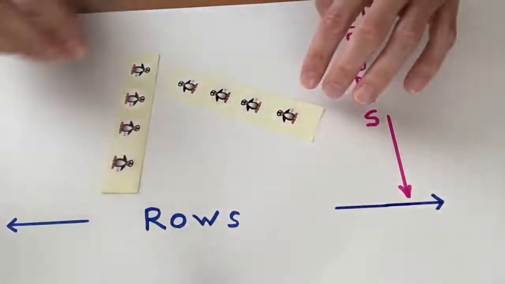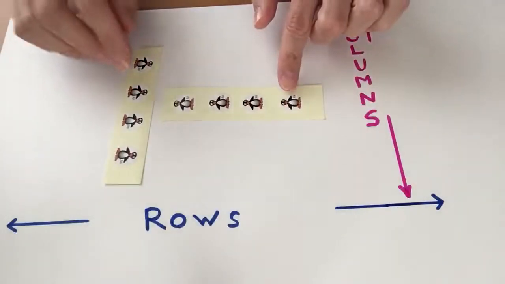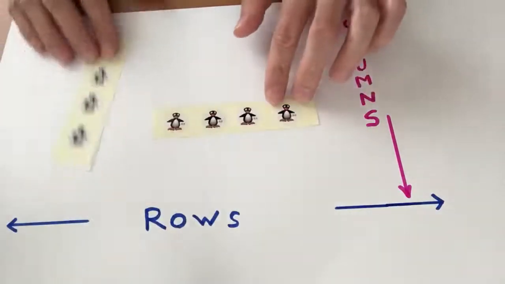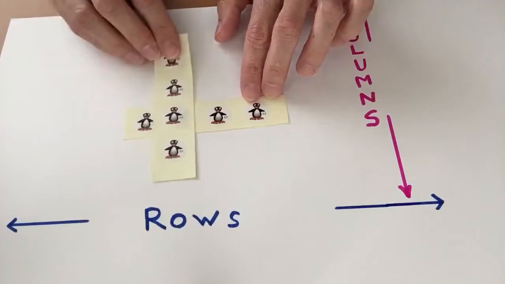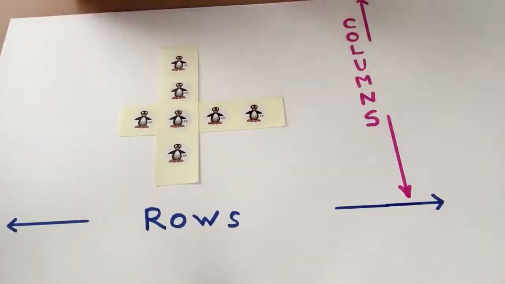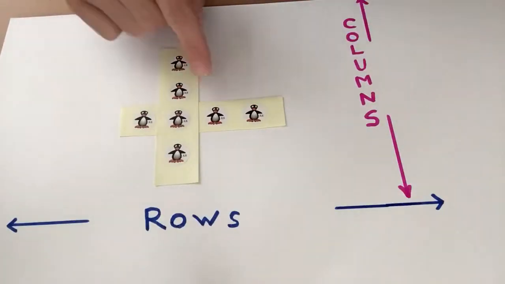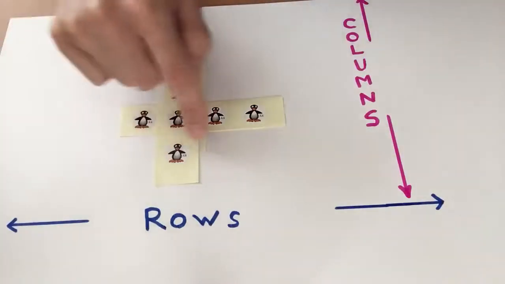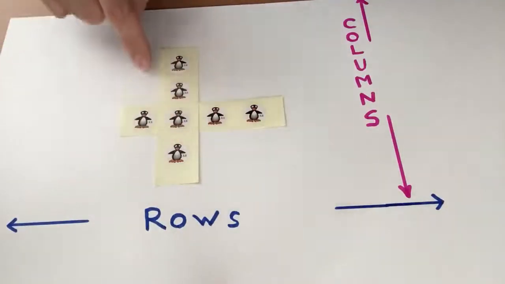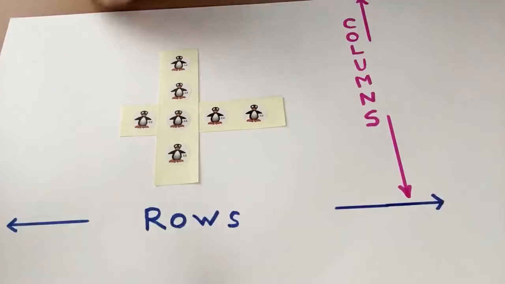In class, we also learned that we cannot have a column and a row and do something like this and say that it is an array, because you see those spaces right there? We're missing stickers. There are gaps. So this is an example of something that is not an array.